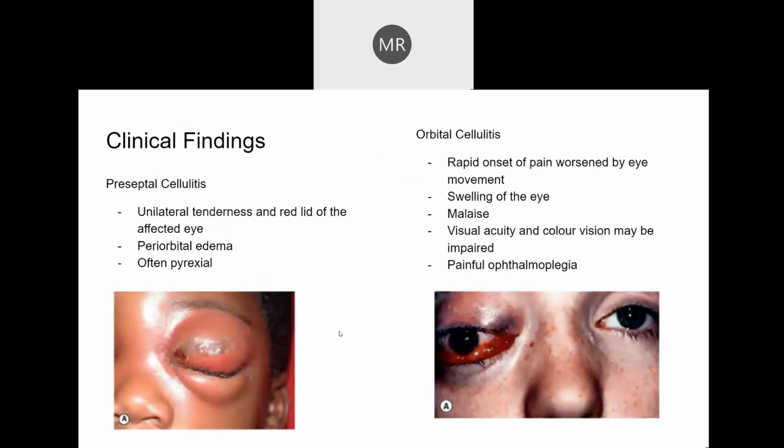So these are the clinical findings. One of the presentations of preseptal cellulitis is unilateral tenderness and redness of the lid of the affected eye, with periorbital edema, and the patient is often afebrile.